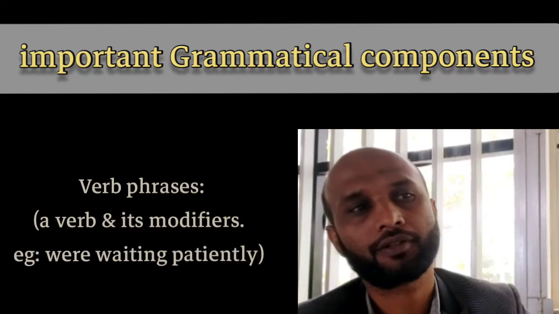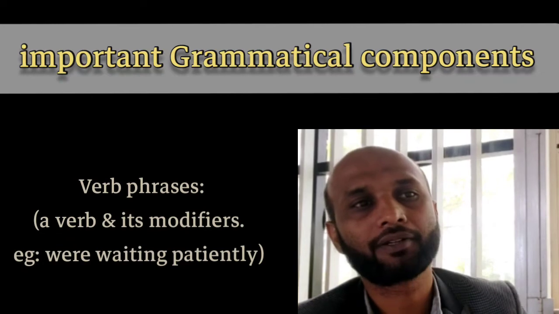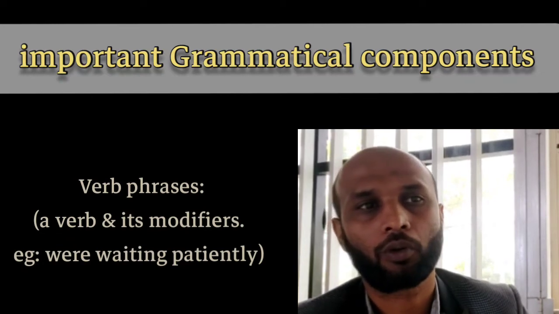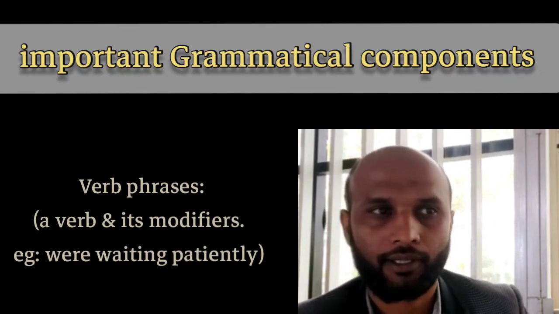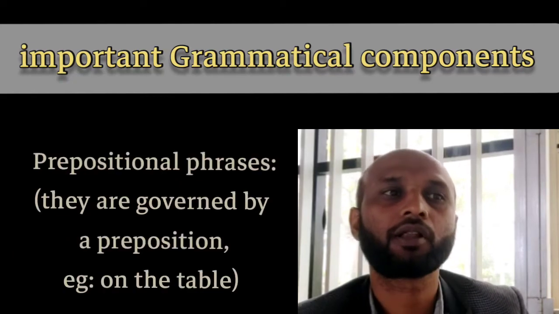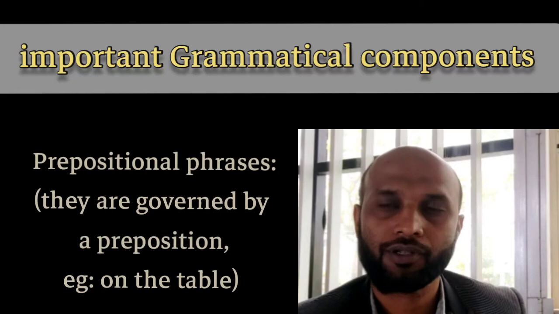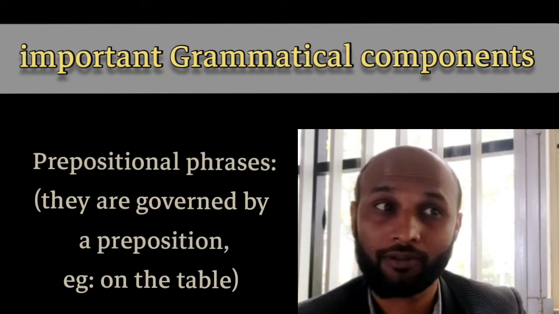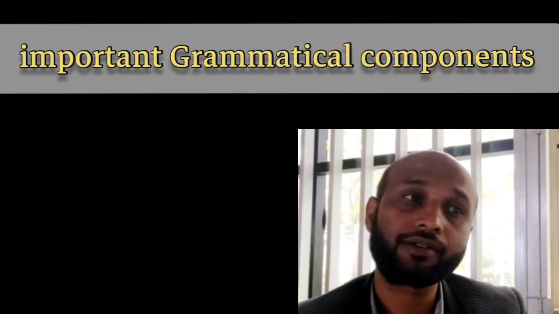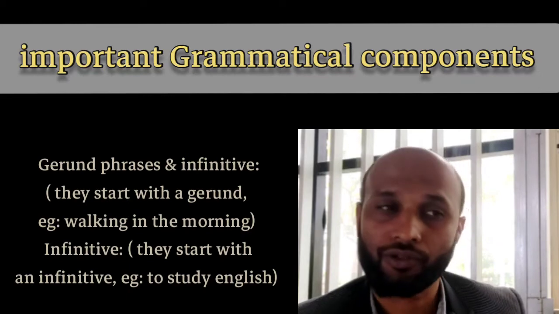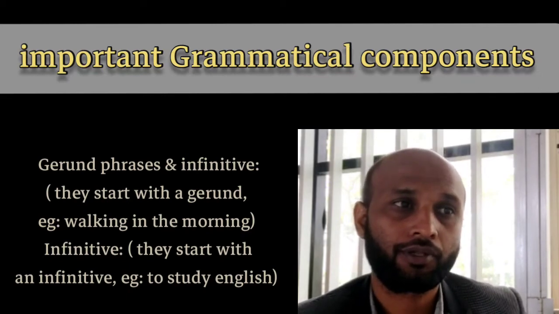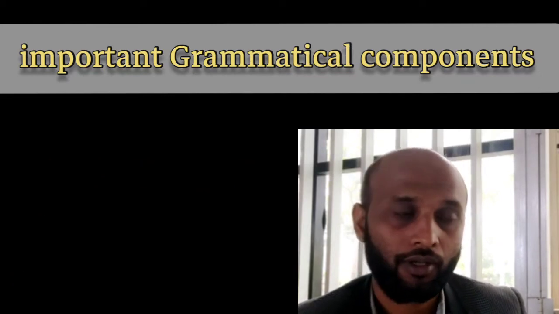Verb phrases, a verb and its modifiers, example, we're waiting patiently. Prepositional phrases, they are governed by a preposition, example, on the table. Gerund phrases, they start with a gerund, example, to study English.